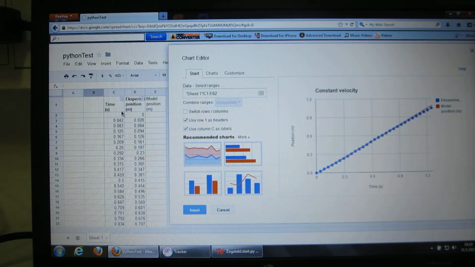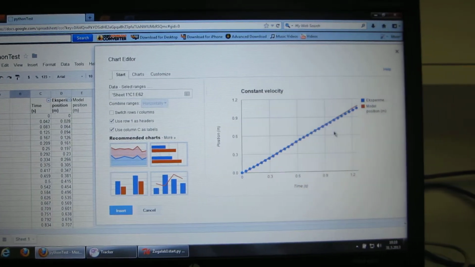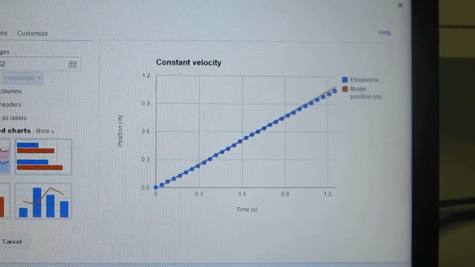Here we have experimental position versus time, shown in blue, and in red is the model position versus time.